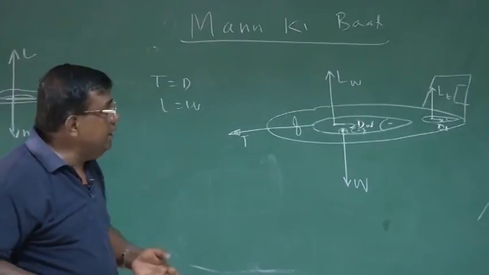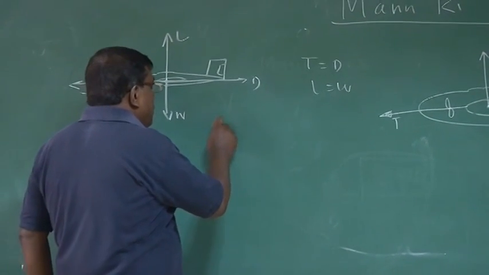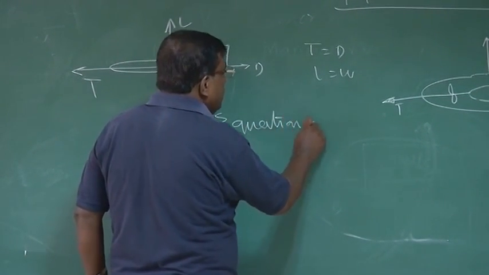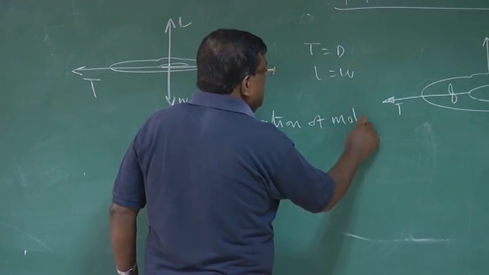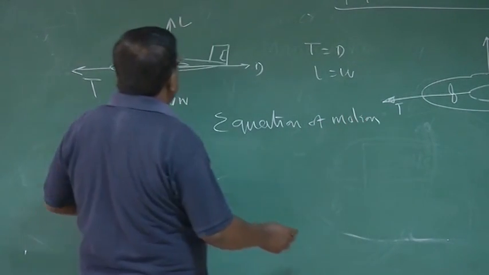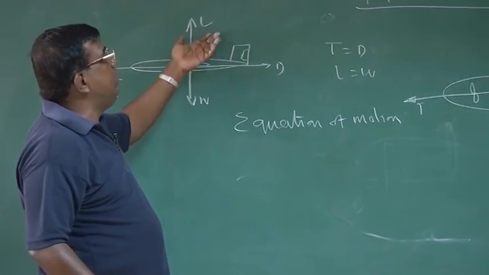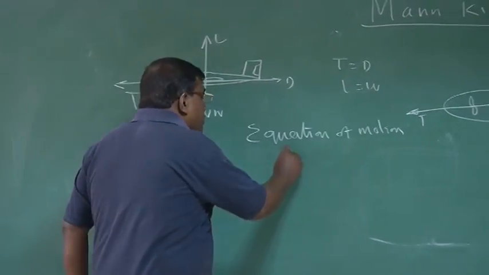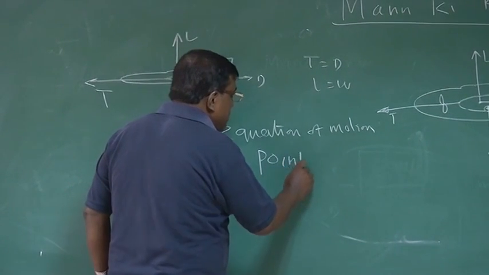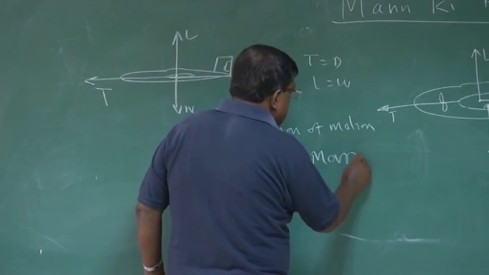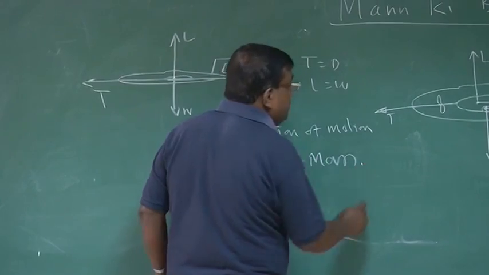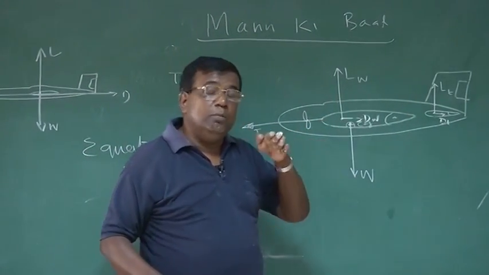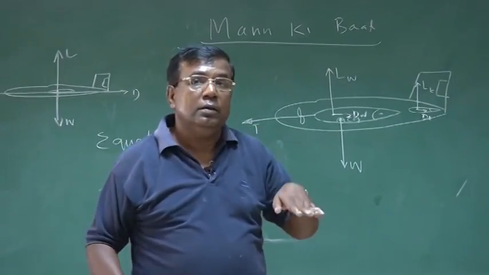But when I'm writing the equation of motion, remember the equation of motion? From there we got thrust equal to drag and lift equal to weight for unaccelerated flight. There we are using a point mass model. I mentioned the point mass assumption: I am not bothered about mass distribution because I am only bothered about rectilinear motion.